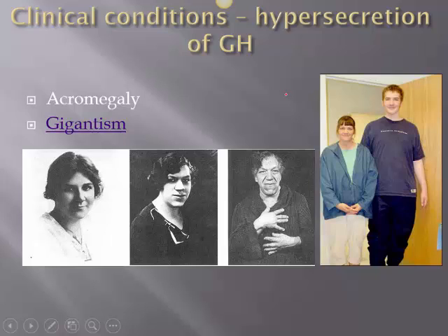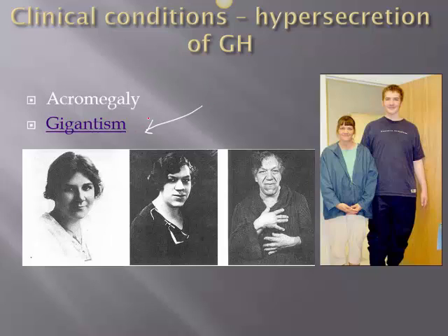So let's look at some clinical conditions of hypersecretion of growth hormone. When growth hormone is secreted before the epiphyseal plates have fused, usually epiphyseal plates, or growth plates, fuse by about 18 years in women and about 21, 22 in males, and they stop growing after that.